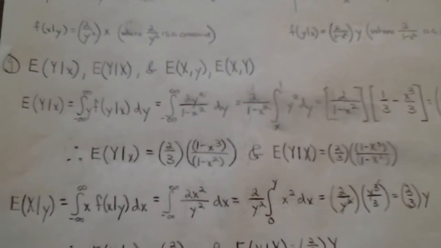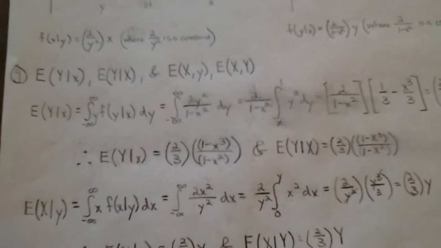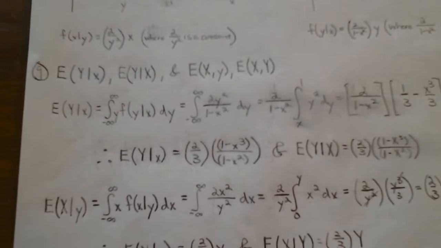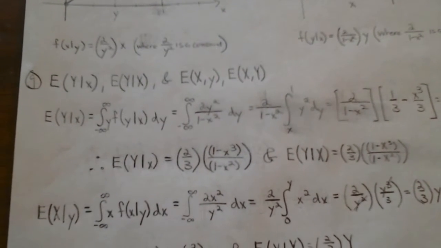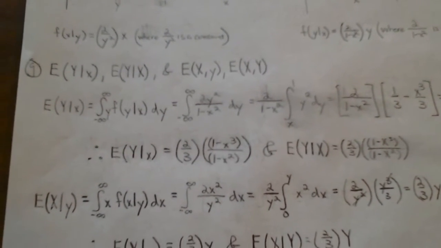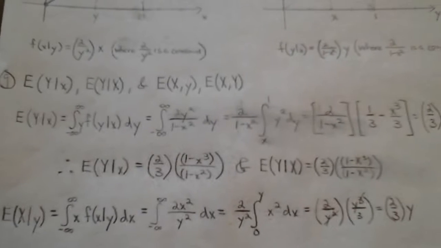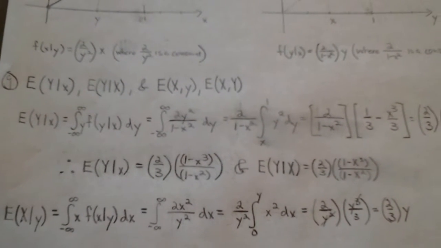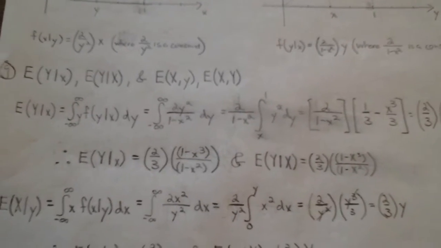Finally, we do G. G asks us to find the conditional values, the expected or mean values of y given x, y given a specific x, and then the expected value of x given y, or the expected value of x given a specific y.